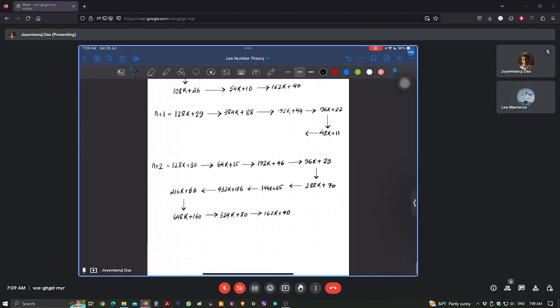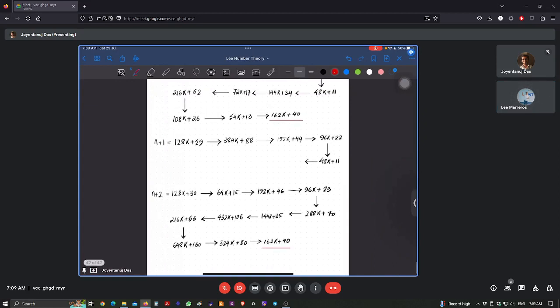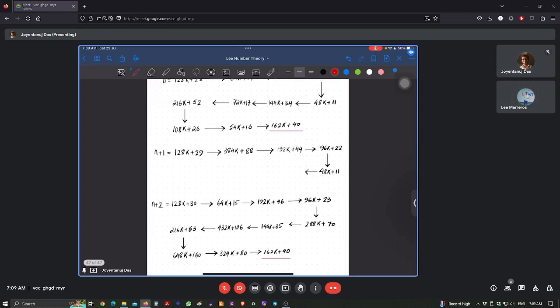Now it is matching. Here I have 162k plus 40, here also 162k plus 40, and since it is repeating, the remaining part will also come.